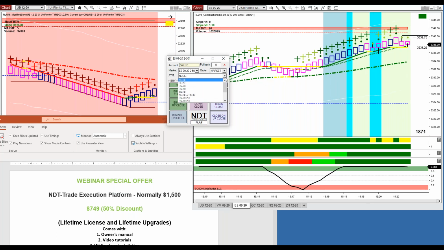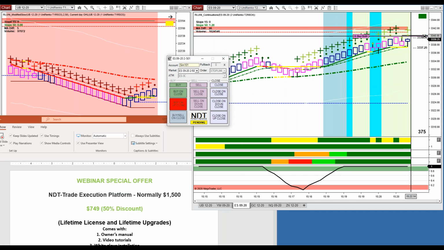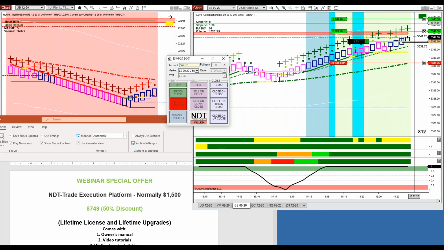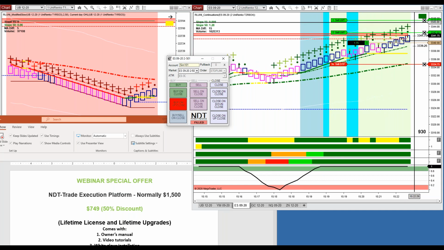Okay, hold on a second here. I've got to move the ES. 3 contracts. I think that's going to work. And this should be a buy stop. See, I can see the entry. I know where I'm going to get in. And I see my targets projected right there.